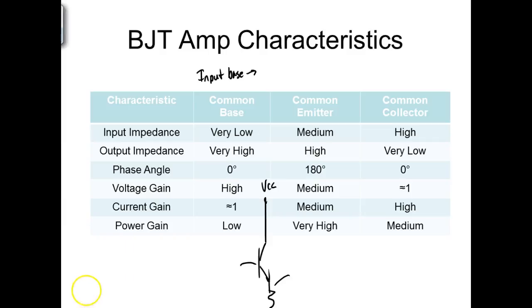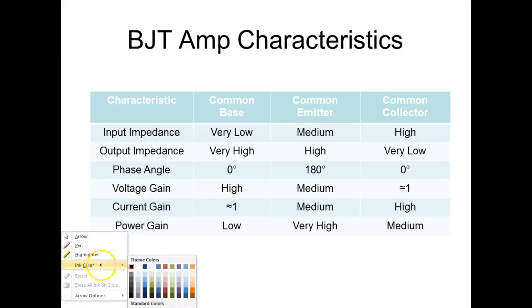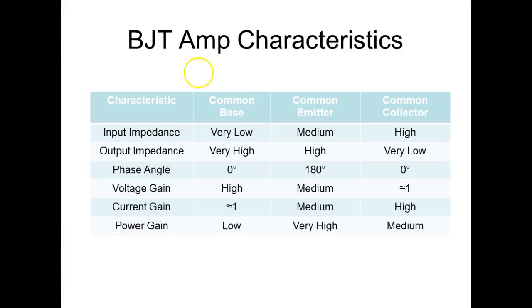I'm sorry, I'm starting off wrong. I got the common collector in my head. So common base, what we do is we input on the emitter, and we're going to output on the collector.